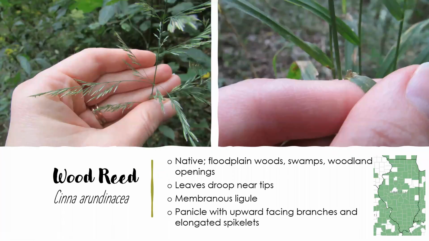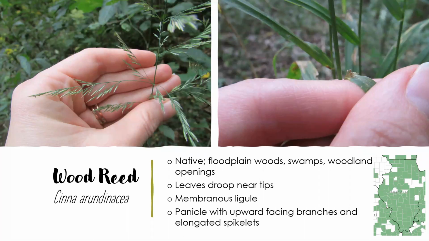Okay, next up is wood reed or Cinna arundinacea. And this native grass can be found, again, in wetter areas, so floodplain woods, swamps, woodland openings. It's one of 2 species in its genus in Illinois, and we can see it's in nearly every county throughout the state.